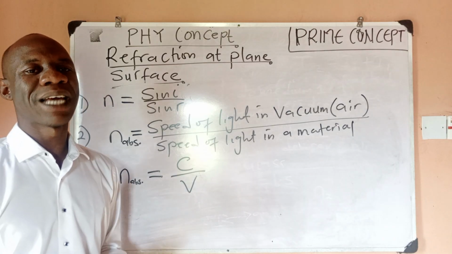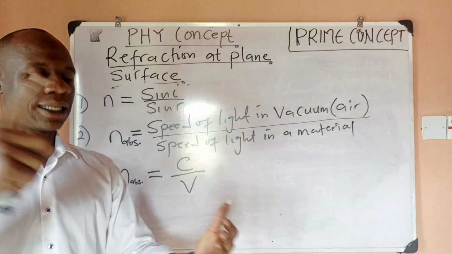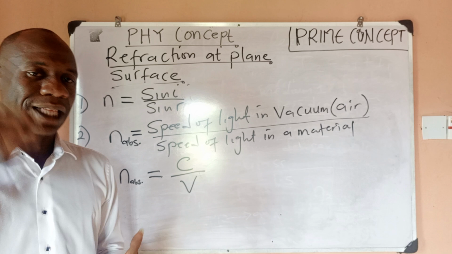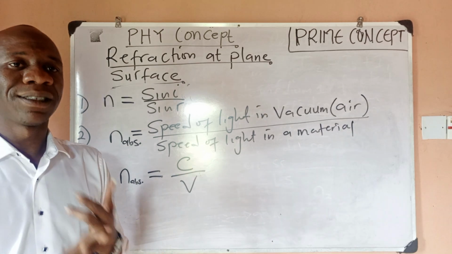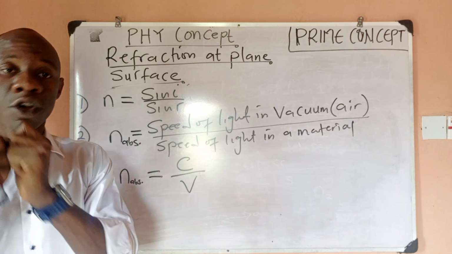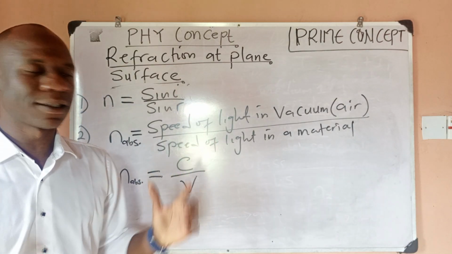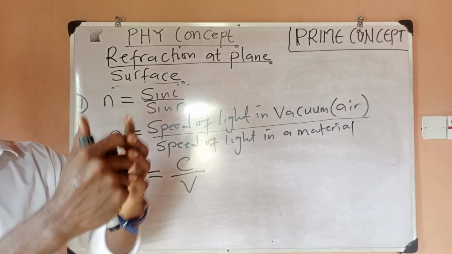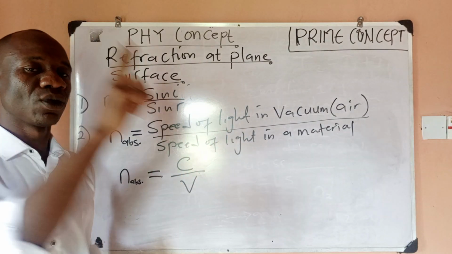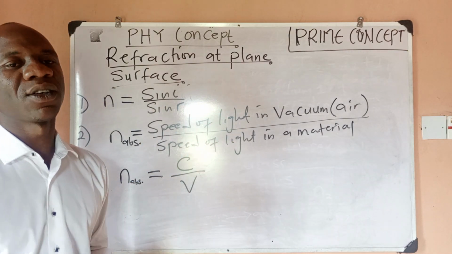Another quantity that will be affected is the wavelength. The wavelength would change. But when the speed and wavelength change, this occurs at a constant frequency. So the speed would change, the wavelength would change, but the frequency remains the same. The frequency does not change.